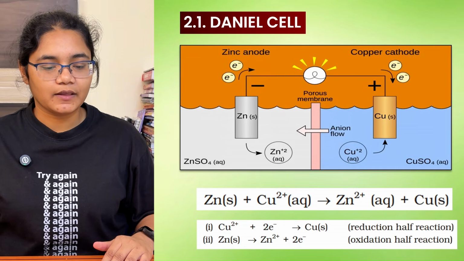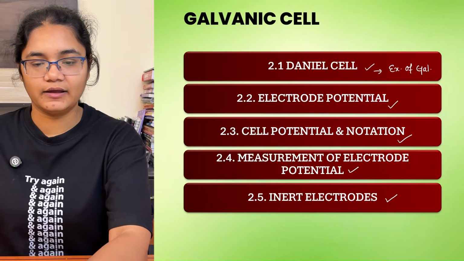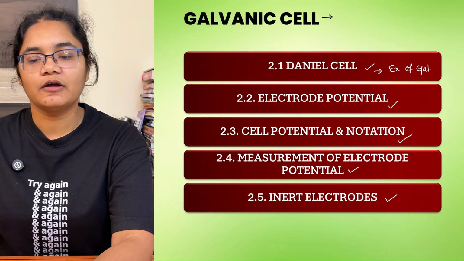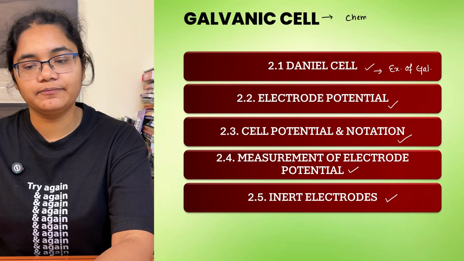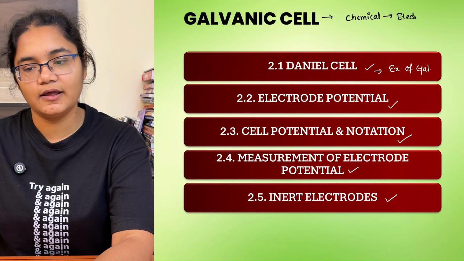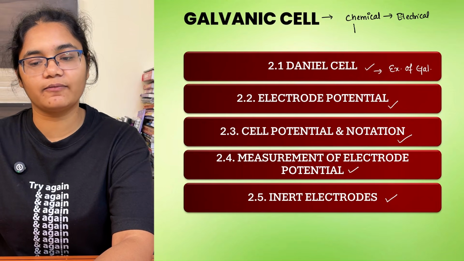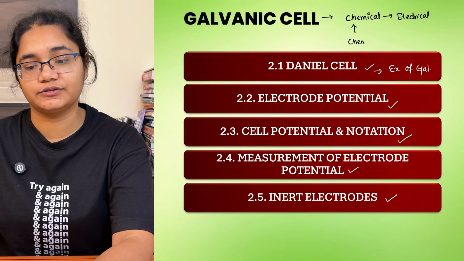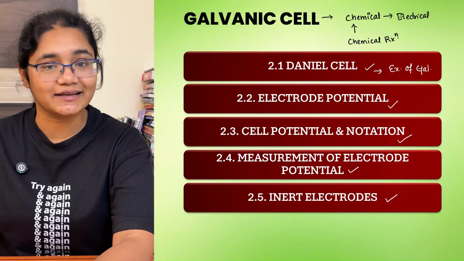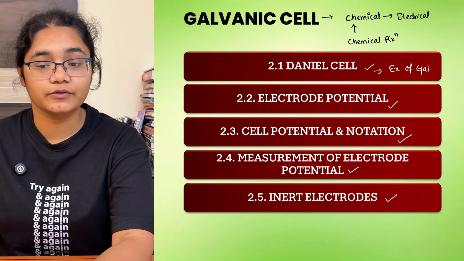First of all, I'll go back and discuss some more things. In a galvanic cell, chemical energy is converted to electrical energy. This chemical energy comes from chemical reactions, definitely. What type of chemical reactions do we consider here?